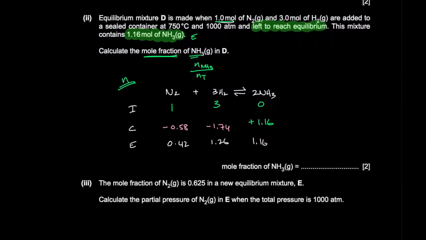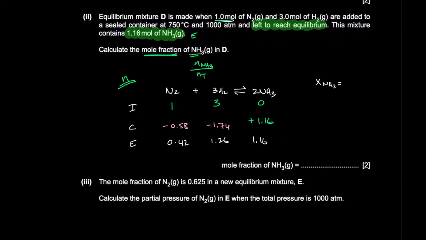Okay, so we have to find the mole fraction of ammonia, which is moles of ammonia, 1.16, divided by total moles. Just add these together, right? Let me just put them in a single denominator like this. 1.16 divided by 0.42 plus 1.26 plus 1.16.